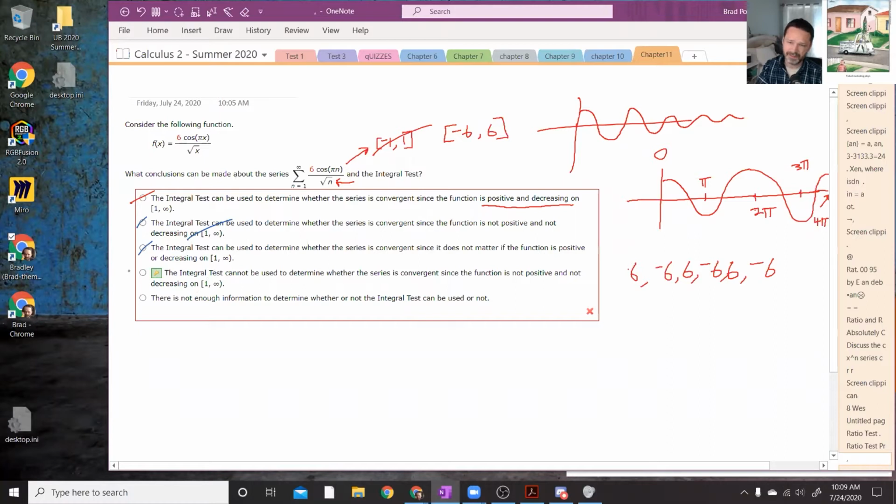Oh, well, there, yeah. I would say it's not decreasing because it's increasing and decreasing all the time. There's not information. No, we're good. So in this case, that would be it. And this answer here is pretty much stating when we can use it. So there that one is.